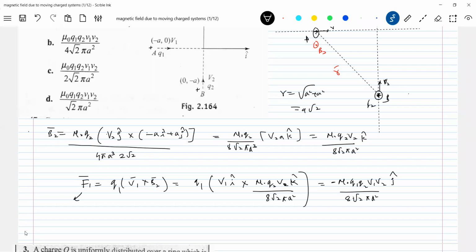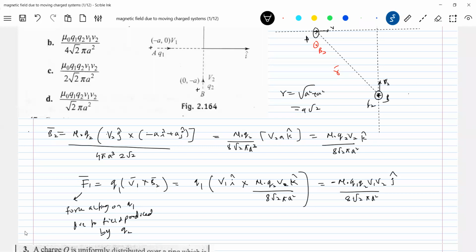Now, this is the force acting on Q1 due to the field produced by Q2. Shall I ask it the other way? What is the force F2 acting on the second charged particle due to the moving charge Q1?